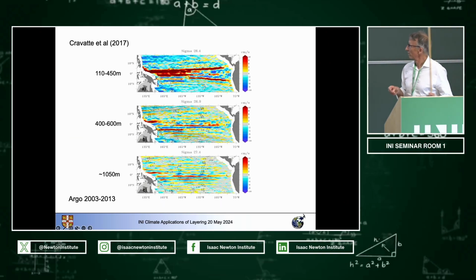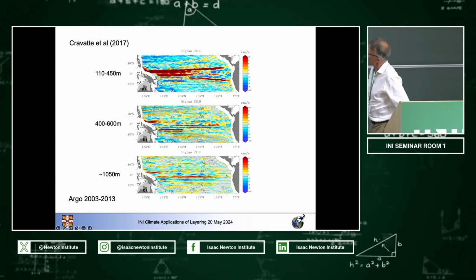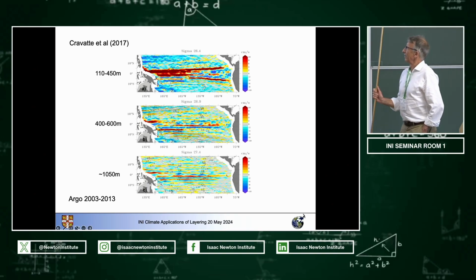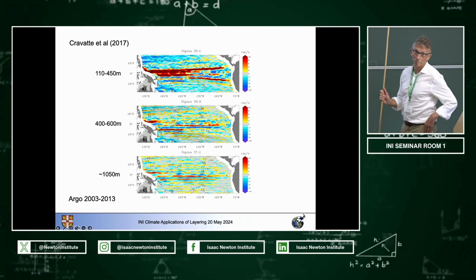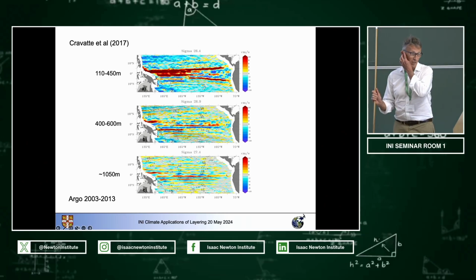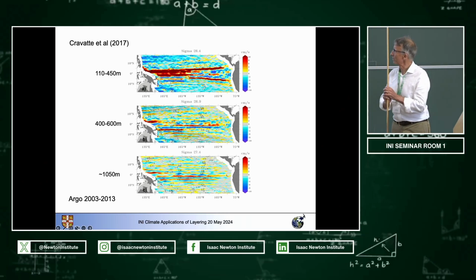Now, a few years ago I spent some time in Toulouse at Legos, and was interested to hear about lots of work going on there. One very interesting set of work was being done by Sophie Cravatte and others, building on observational work that has been going on in oceanography for many years.